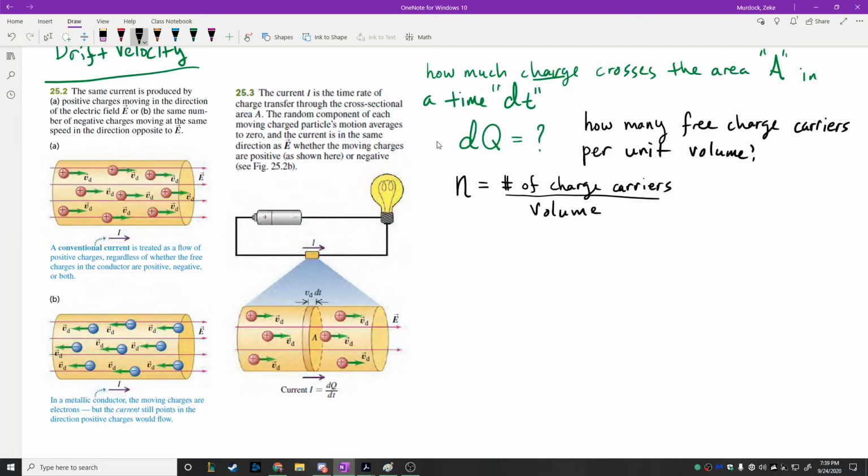This is where we can kind of rely a little bit on chemistry. Scratch that.